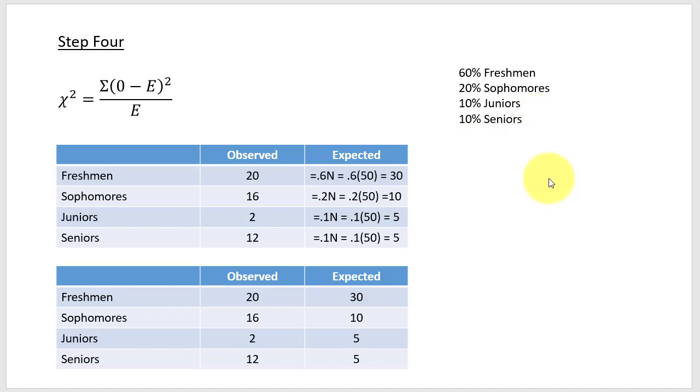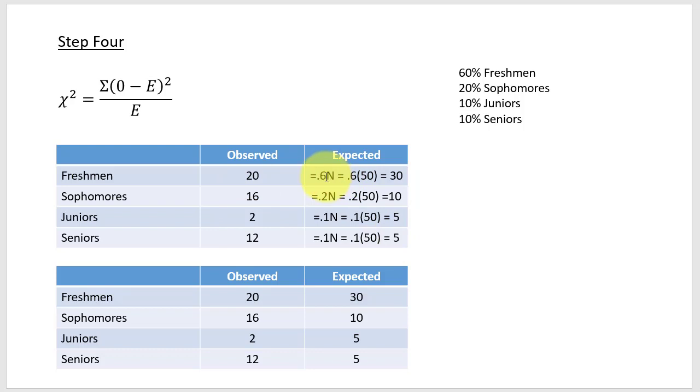So that's what we expect our numbers to be. Now, to figure out the expected values, we need to find the number of people in the sample, which we found to be 50, both from the example and by adding up our observed frequencies.